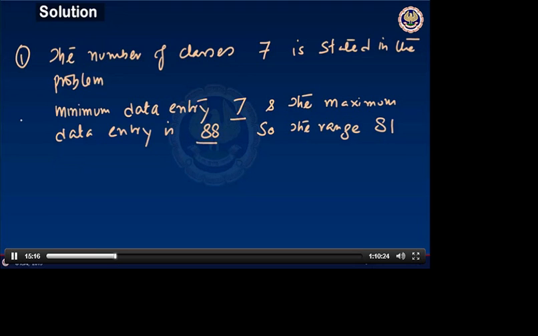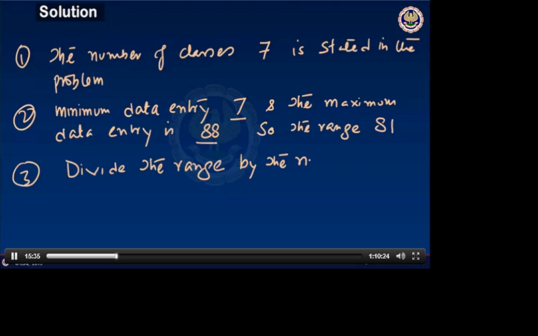So third, we will divide the range by the number of classes, and then round up to find the class width.